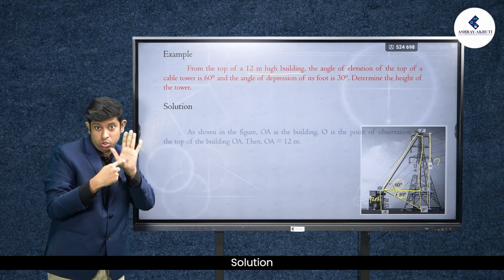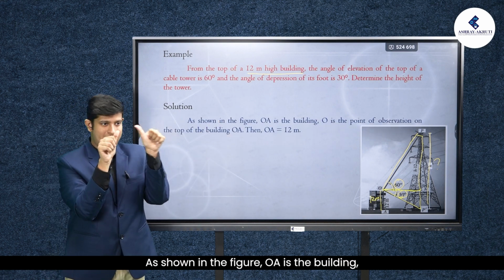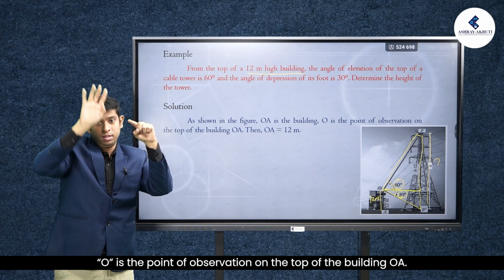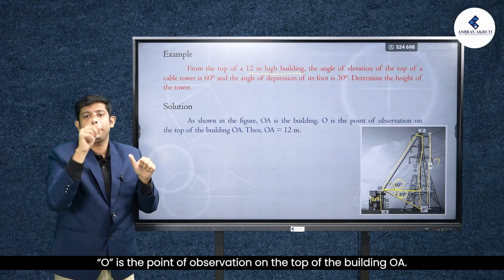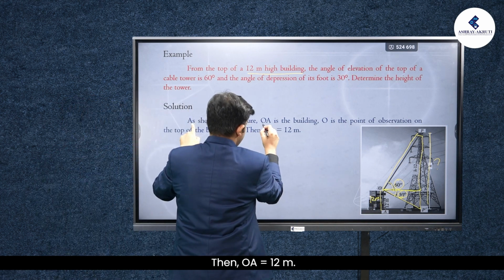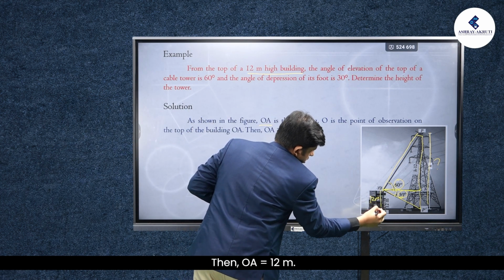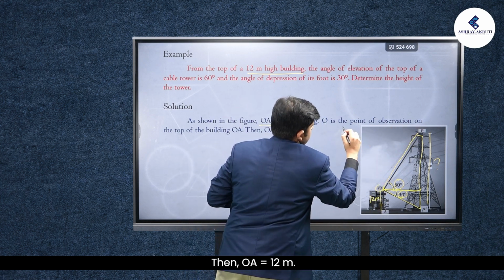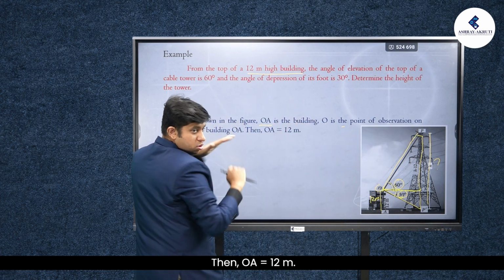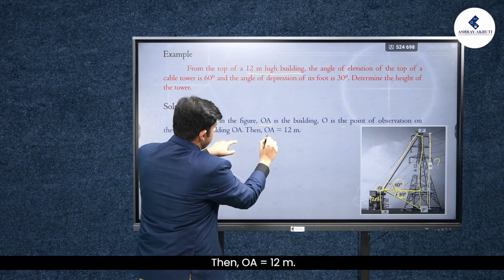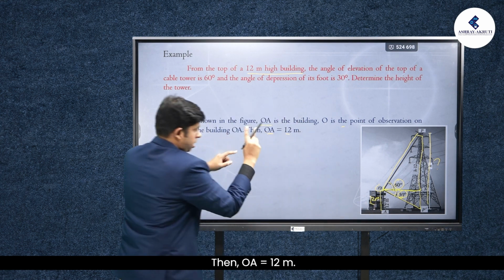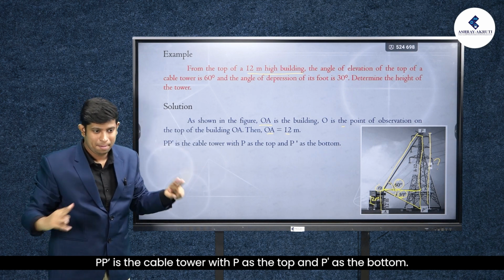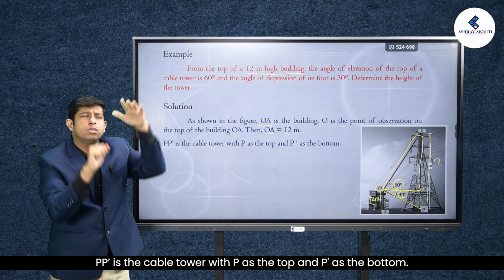Solution. As shown in the figure, OA is the building, O is the point of observation on the top of the building OA. Then OA is equal to 12 meter. P dash is the cable tower with P as the top and P dash as the bottom.